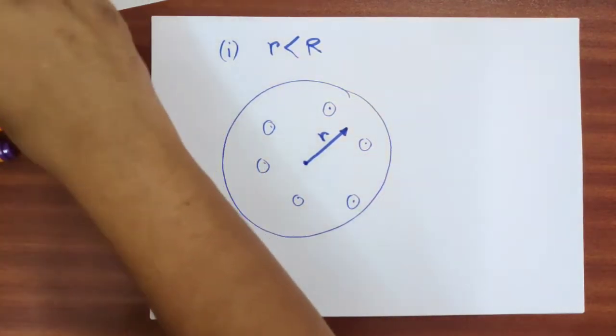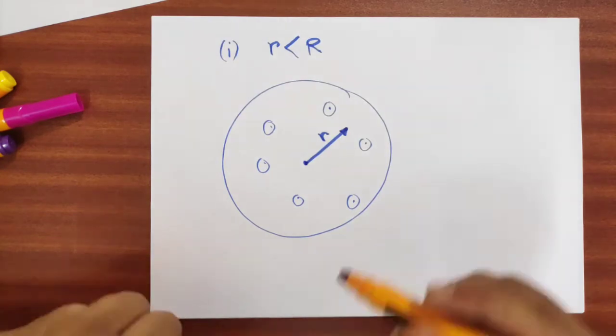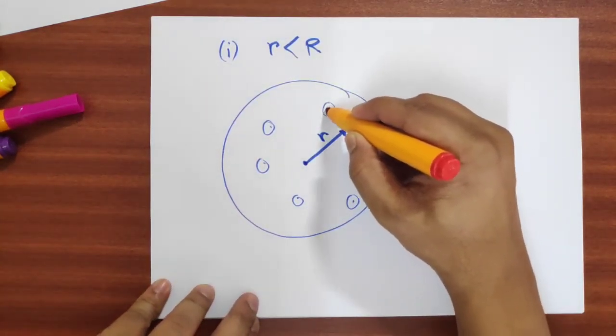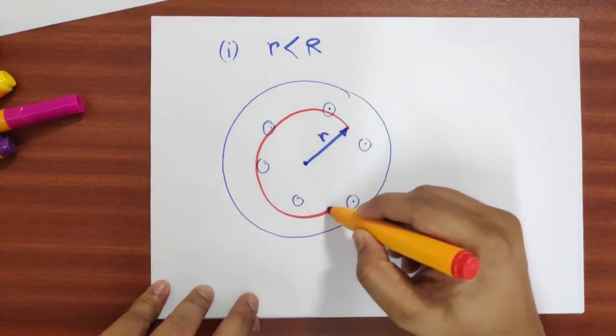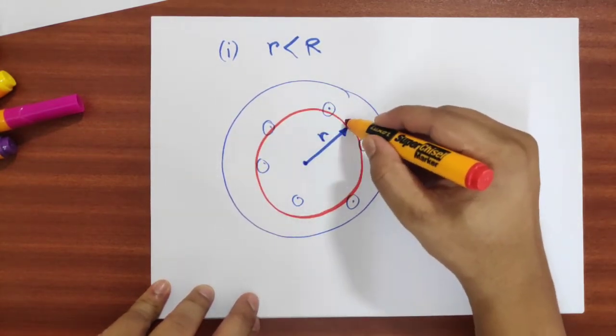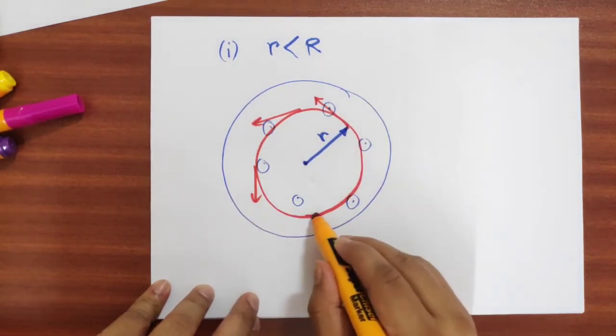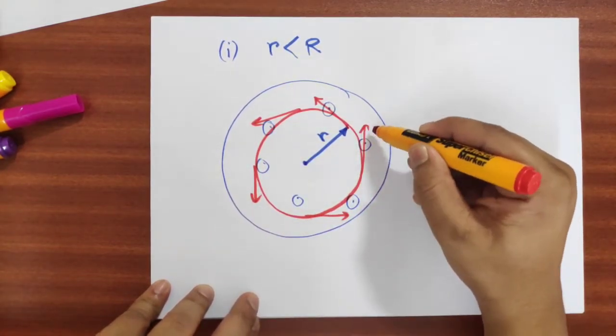Obviously from symmetry you know that the magnetic field will form circular lines, tangent to the circle of radius small r.